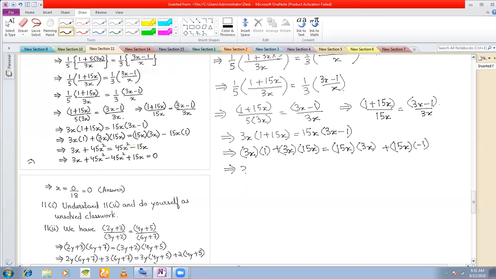This becomes 3x plus 15 into 3 is 45x, which is equal to 45x minus 15x.